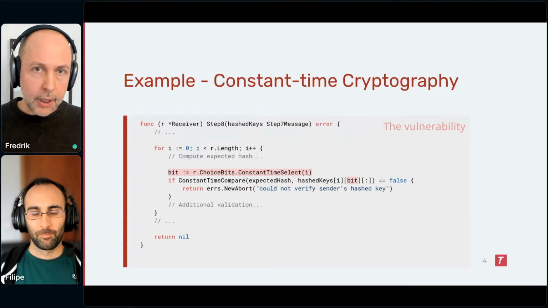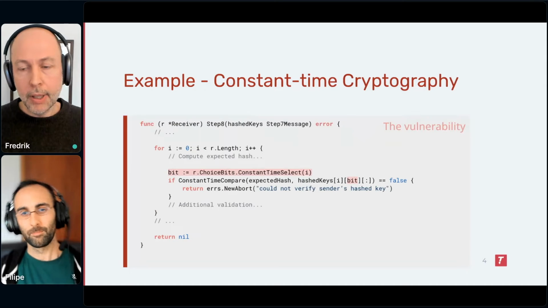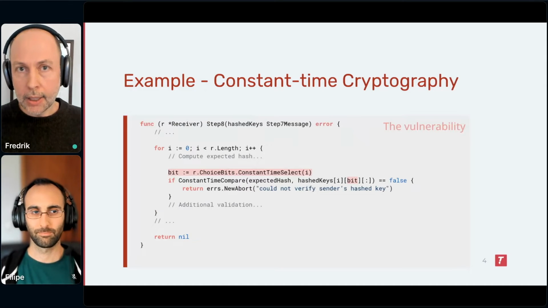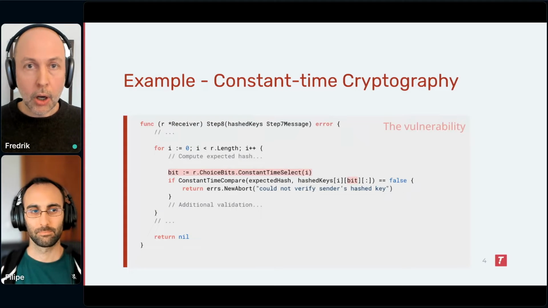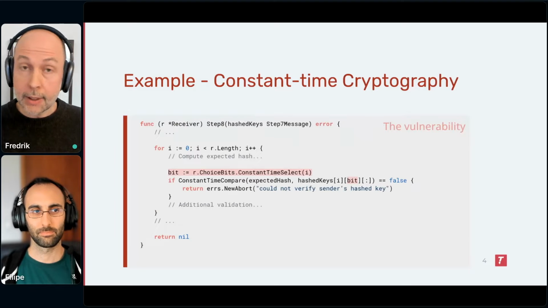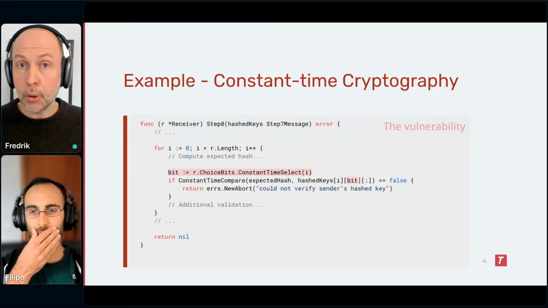The canonical example is an application running in SGX on a compromised host. The host may try to obtain information about secret keys or other secret data through timing measurements, and that's actually been shown to be possible.